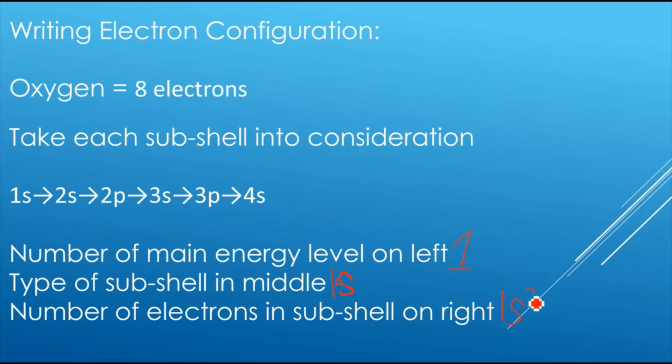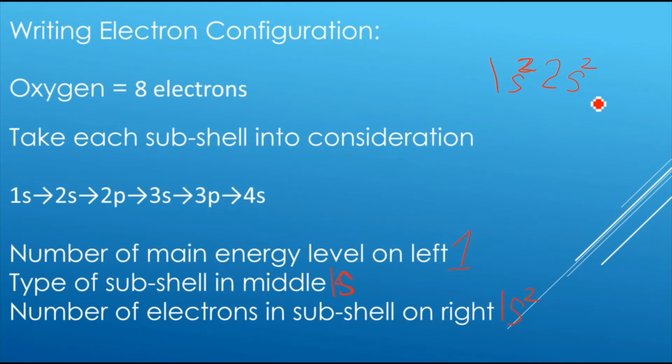So we would have 1s2 for the first one, and we would keep filling the subshells until we have 8 electrons. We have 1s2 now, so we have 6 remaining electrons. So we would move on to the 2s subshell, and we know the 2s subshell can only have 2 electrons as well, so we would say 2s2.